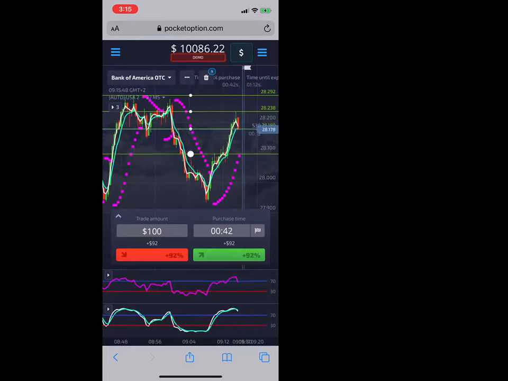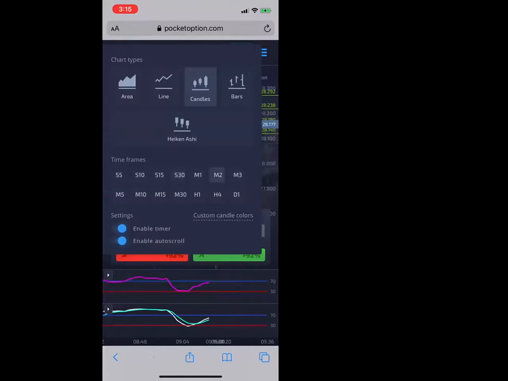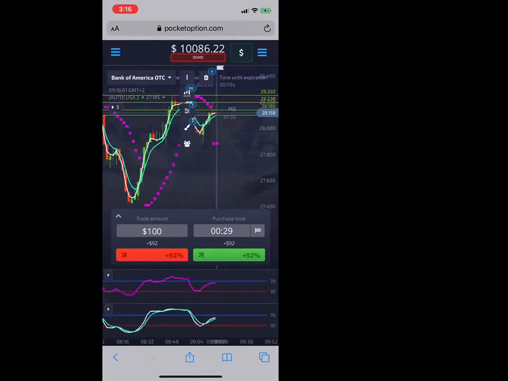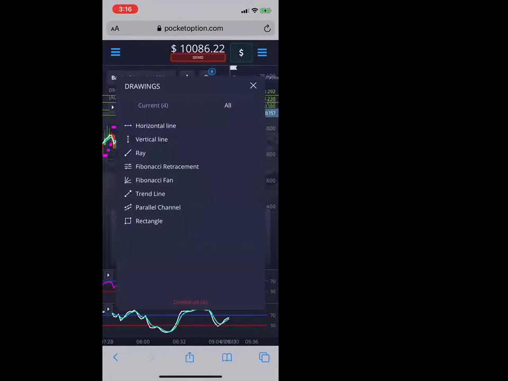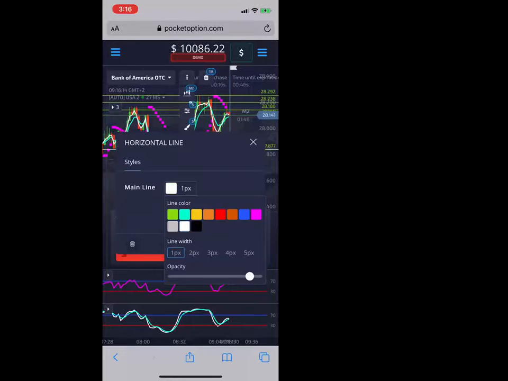So I'm going to move this one to here too. So now I go out to my 2-minute. Do I see any double parabolics? We're going to have that one white.